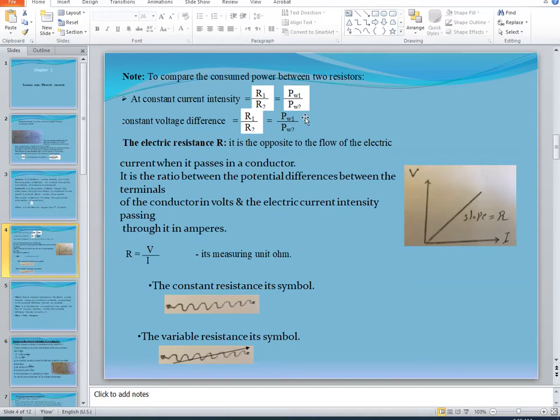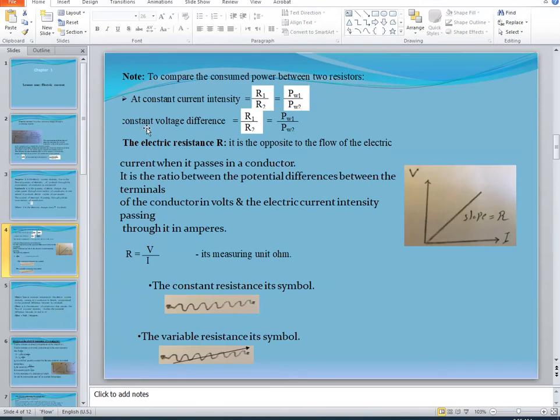Here V1 power 2 equals V2 power 2 because this connection is parallel, so we can cancel the V's with each other. We will find here PW1 over PW2 will be R2 over R1. So PW1 over PW2 with series connection, I will be constant and the relation will be R1 over R2.